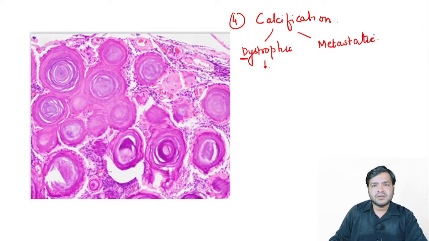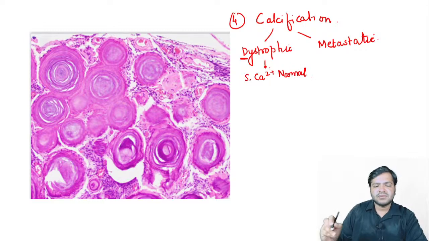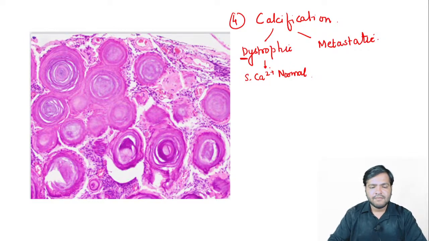Now in dystrophic, remember the serum calcium is normal. Whereas when we talk about metastatic calcification, guys, the serum calcium is increased.